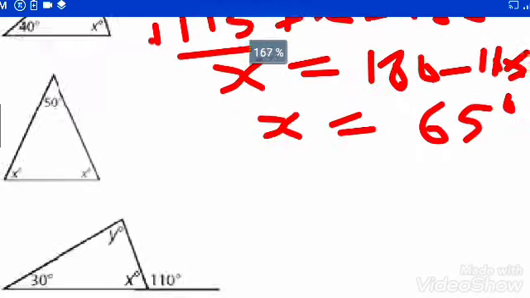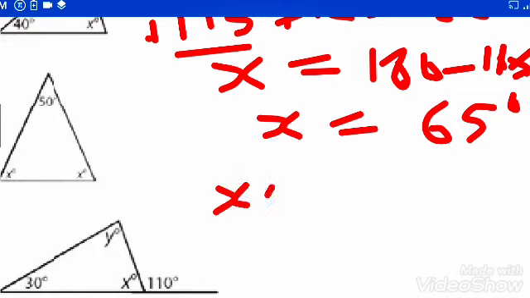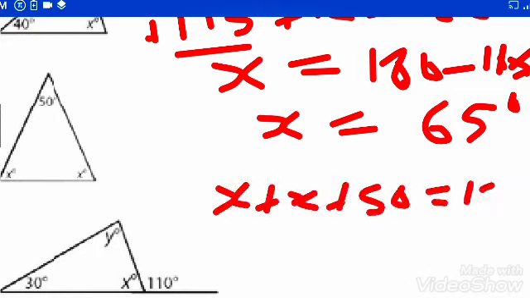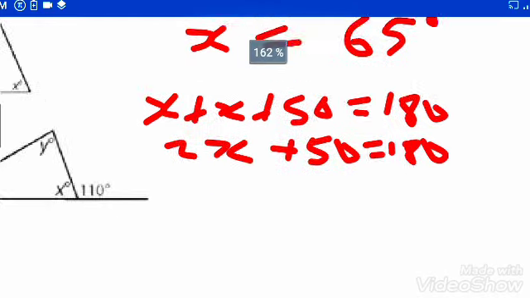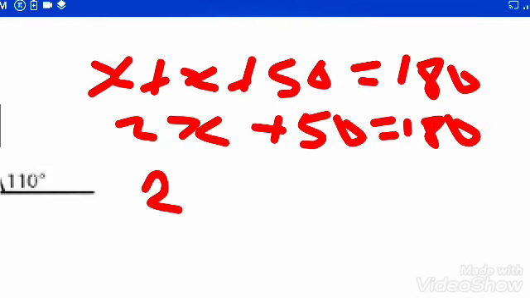Now the second one, we have x plus x plus 50 equals 180. So we're going to have 2x plus 50 equals 180, and like we said earlier, whenever a number crosses the equality sign, the sign of the number will change.